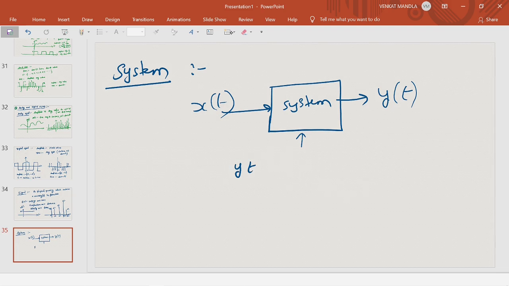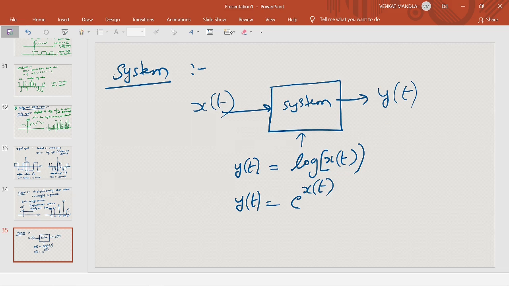Suppose y of t equal to log of x of t, which means this system will do the operation on x of t as log of that input, or if it is y of t equal to e power x of t, the system will do on x of t an operation called exponential.